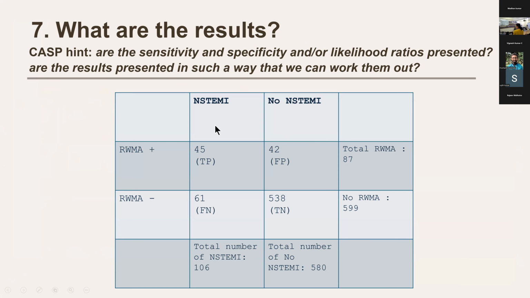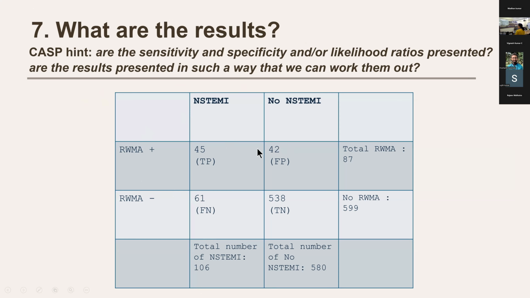So now I have created a 2x2 table with the information that they've given. This column is patients who have NSTEMI. This column is no NSTEMI. This is the test positive. So regional wall motion abnormality present, regional wall motion abnormality not present. So this group, that means NSTEMI is there and the test was positive, is true positive.